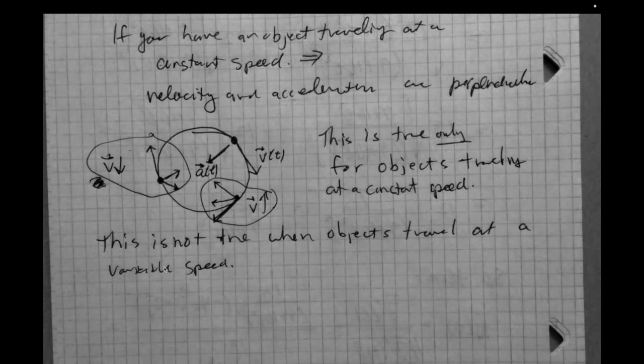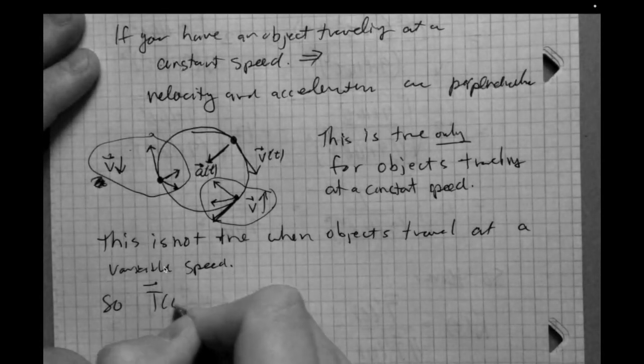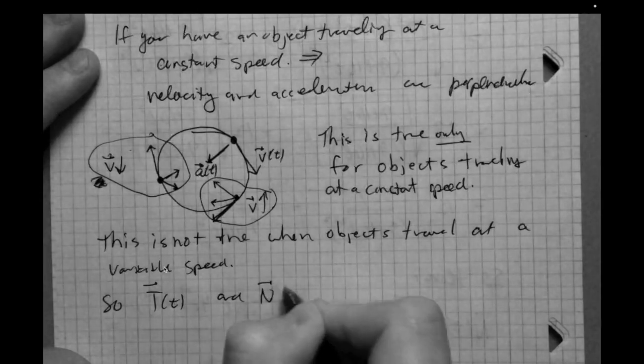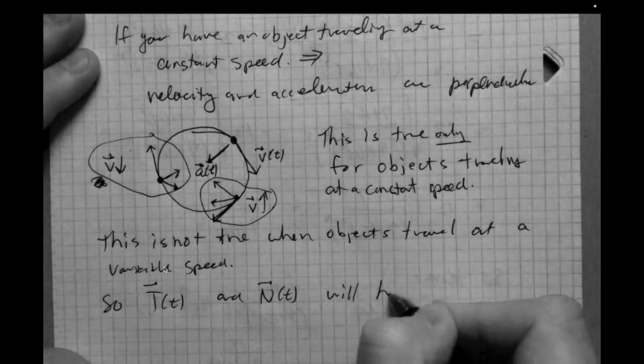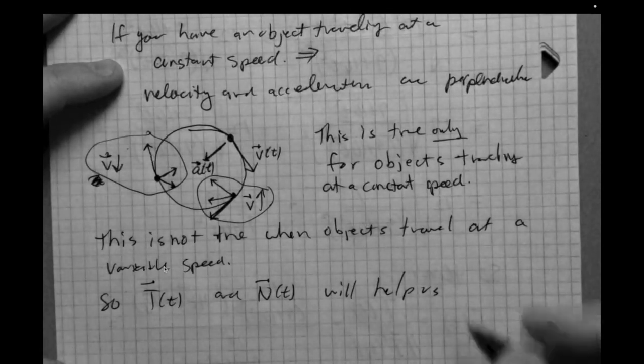Okay, and so this unit tangent vector and this principal unit normal vector are going to be used as the components of acceleration to help you understand which piece is in the direction of the velocity and which piece is orthogonal to the direction of the velocity. So T of t and N of t will help us determine the two components of acceleration.